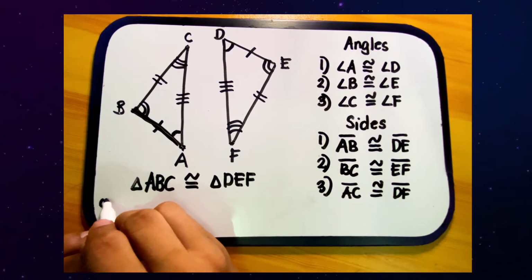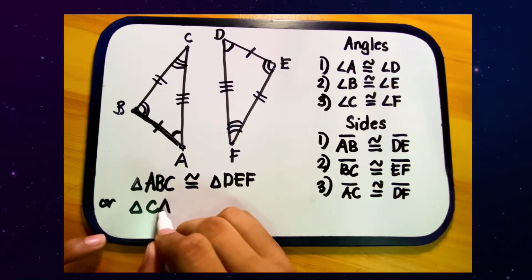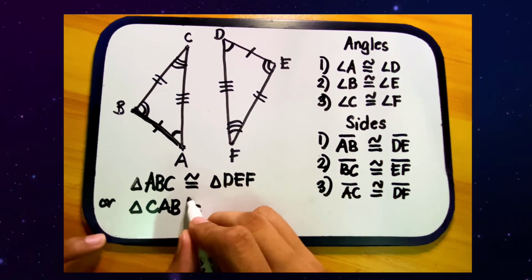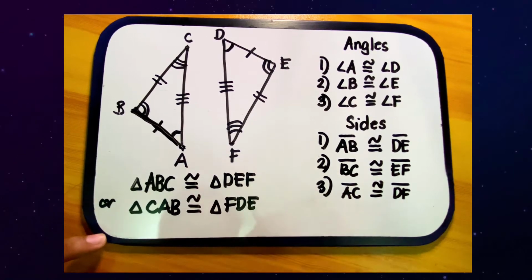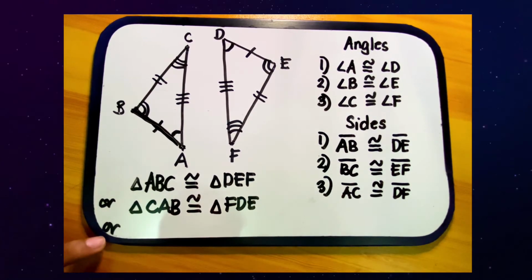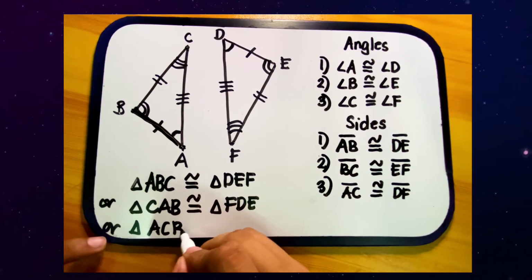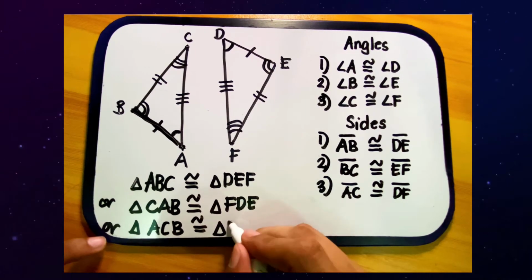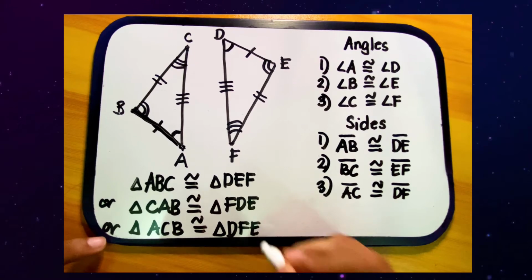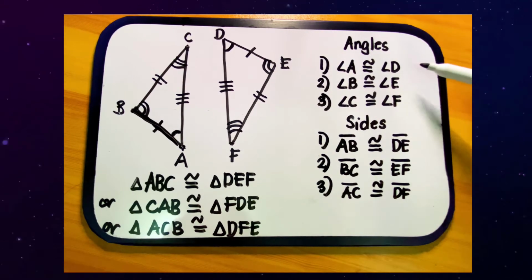You can write triangle CAB is congruent to FDE, or you can write ACB is congruent to DFE. Just remember that in naming the triangles, you need to follow the position of the angles.